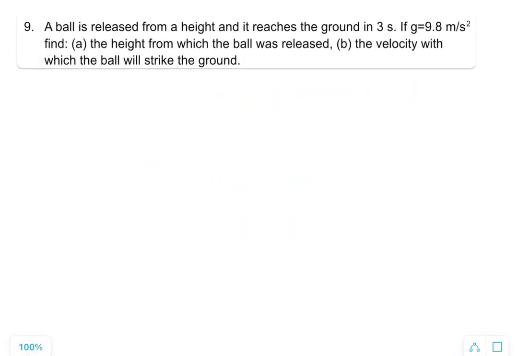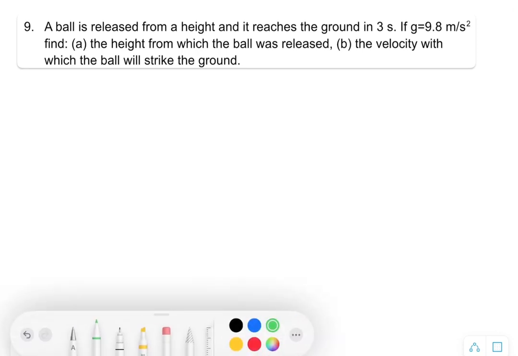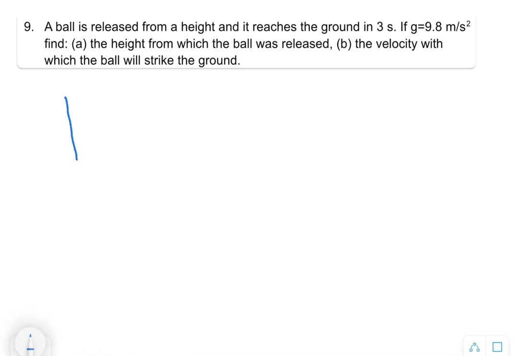A ball is released from a height and it reaches the ground in 3 seconds. If G, acceleration due to gravity, is equal to 9.8 meters per second square, find the height from which the ball was released and the velocity with which the ball will strike the ground. So a ball is released from a certain height. Let's say it was released from a building.